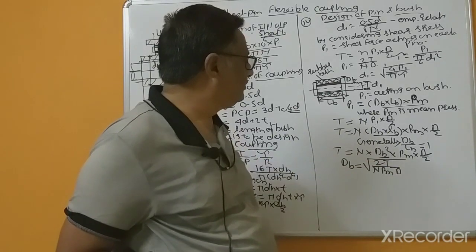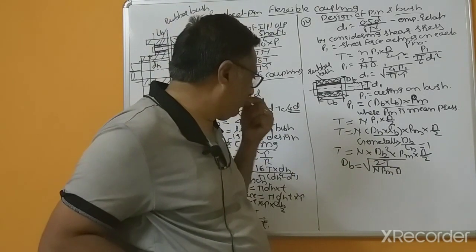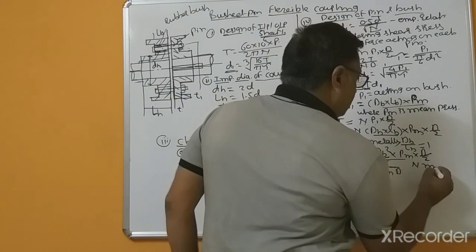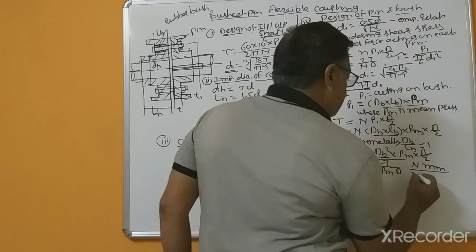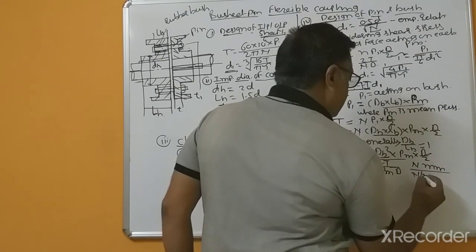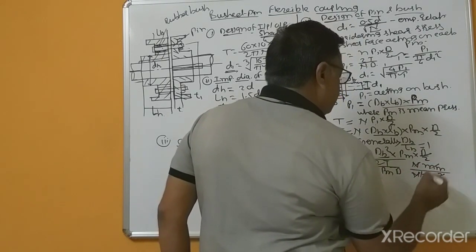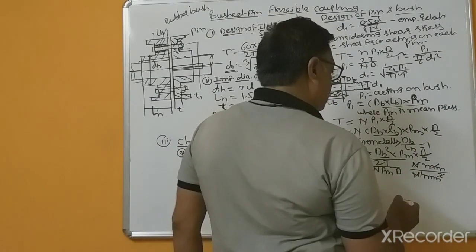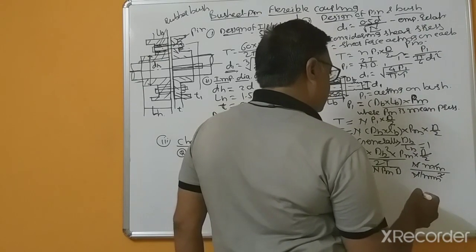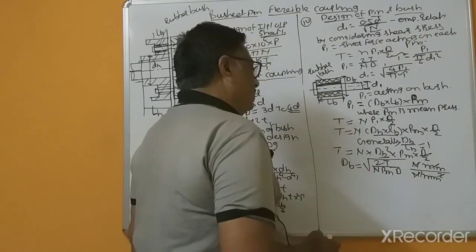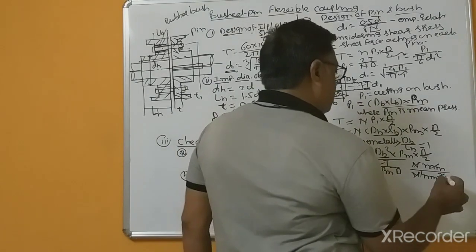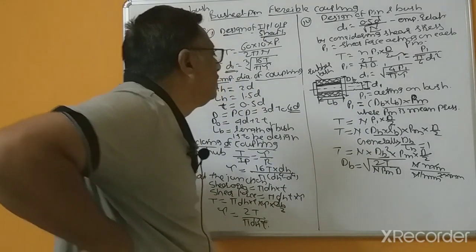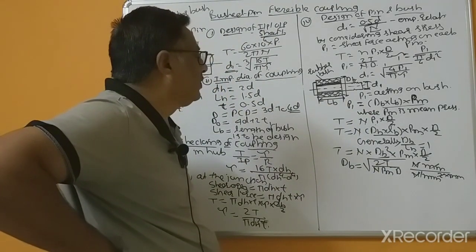Because this is torque, the unit is Newton mm, and PM is Newton per mm square, so Newton and square get cancelled, and mm also cancels. Any terms we are missing?